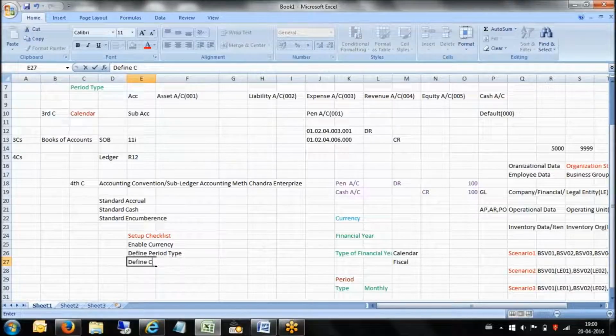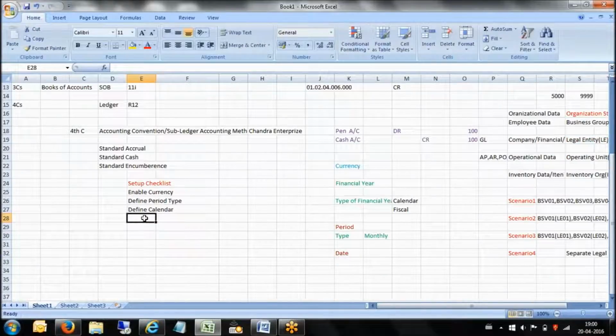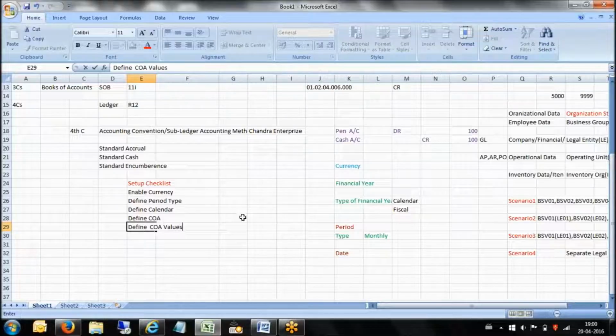Define calendar, define COA, define COA values, define LE and ledger.